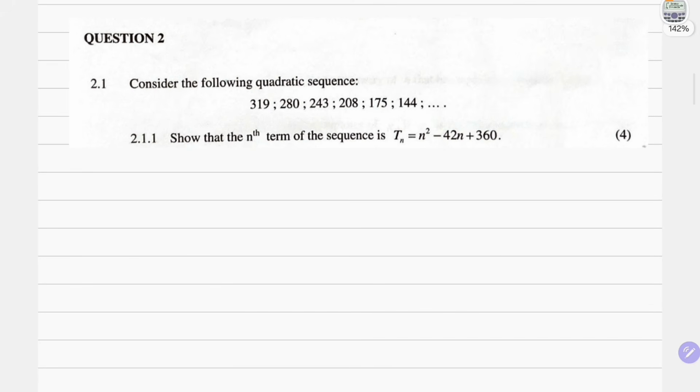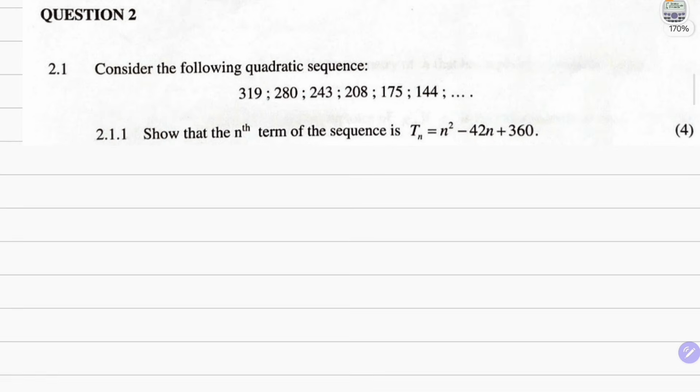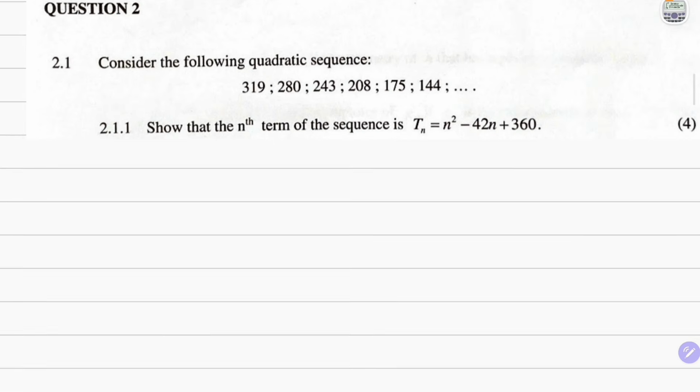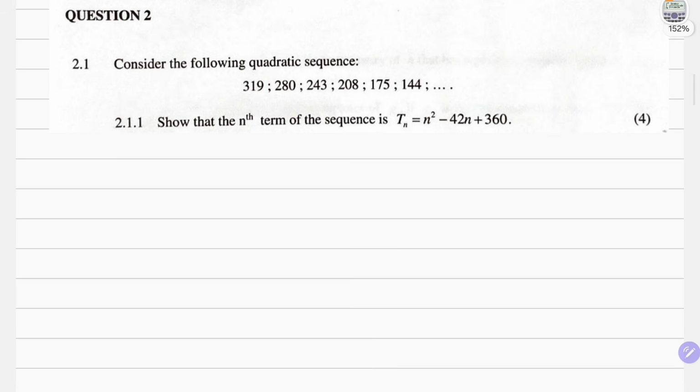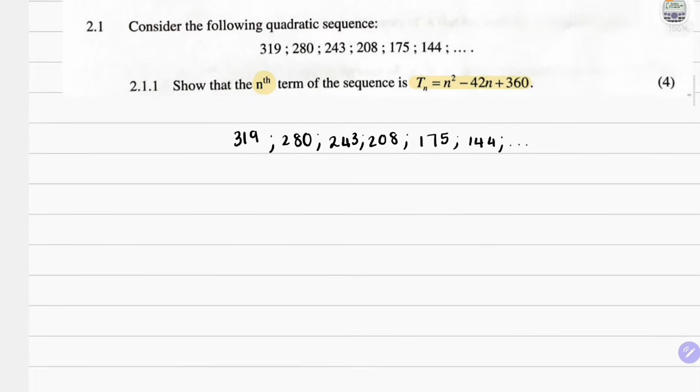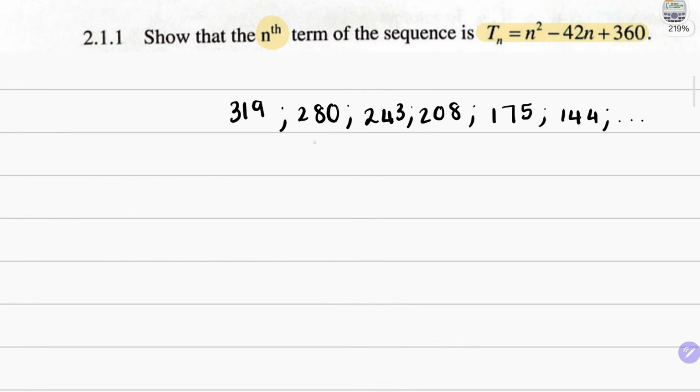Question 2 says 2.1, consider the following quadratic sequence. And we have a couple of terms here, and they want us to show that the nth term of the sequence is equal to this. So let's rewrite our sequence first, and let's find the first difference. The first difference would be 280 minus 319.